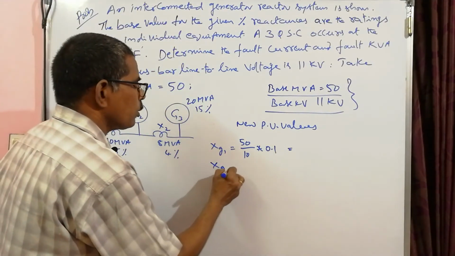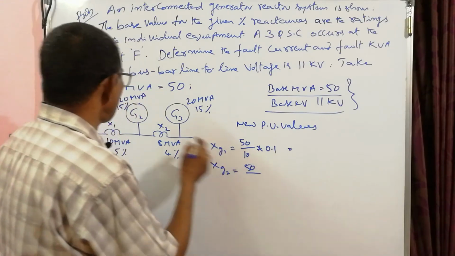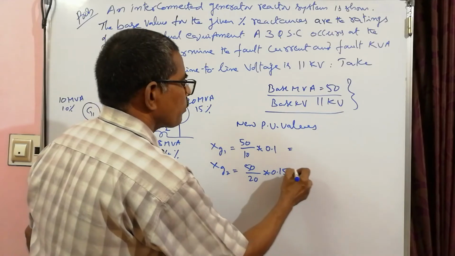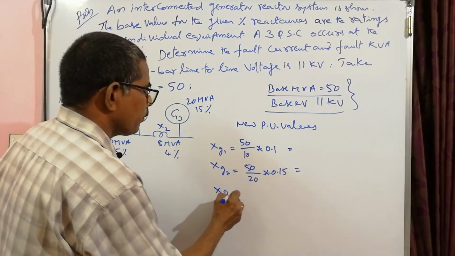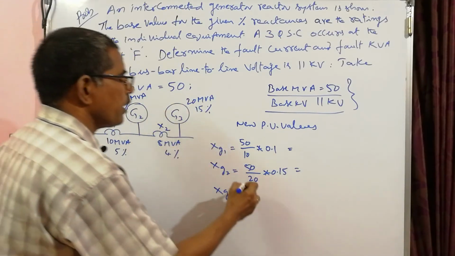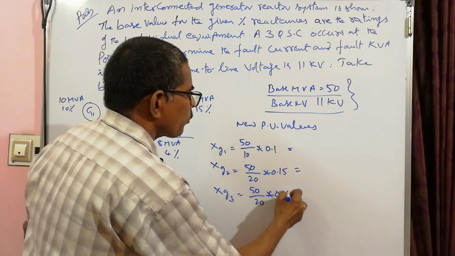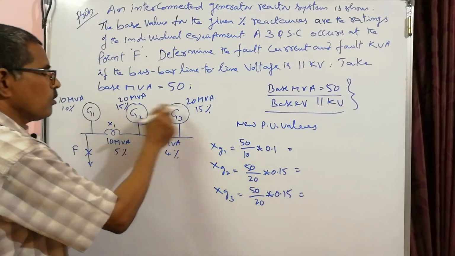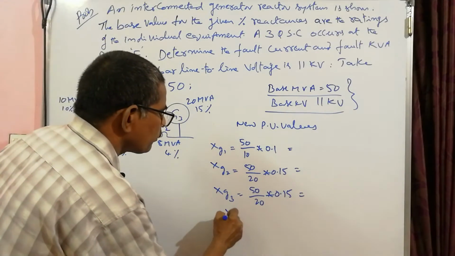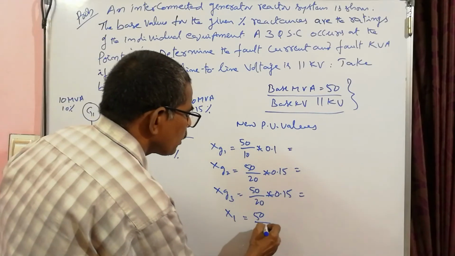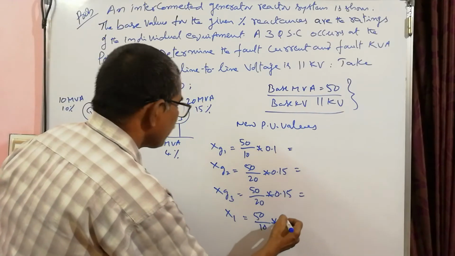Similarly, Xg2 is new MVA 50 by old MVA 20 and its reactance is 0.15. Xg3 is 50 by 20 into 0.15. These two are the same. Then X1 is 50 by 10 into 0.05.